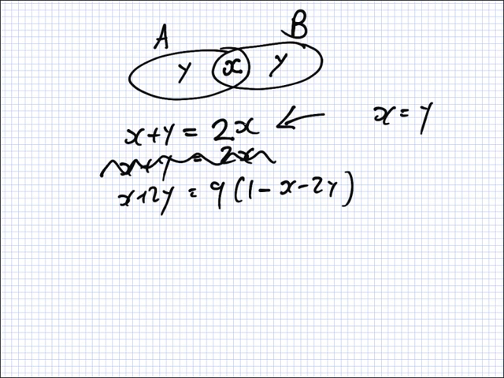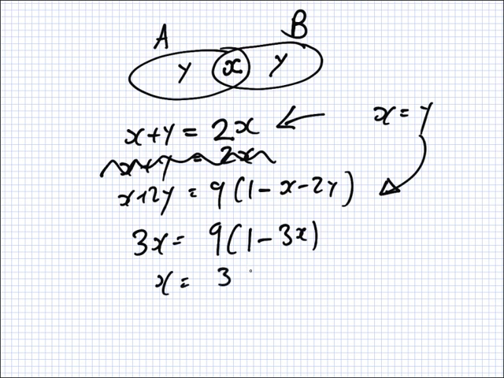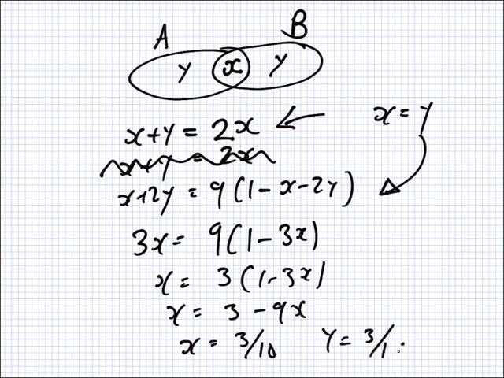If I take the x to the right and sub that in here, I get 3x equals 9 times 1 minus 3x. I get x equals 3 minus 9x. That's x equals 3 over 10. And y equals 3 over 10.